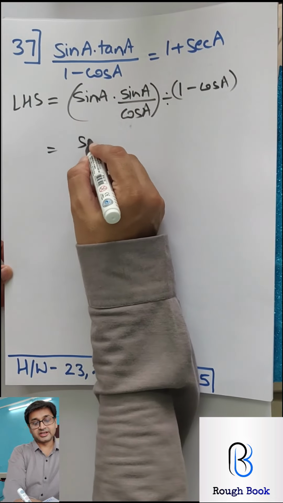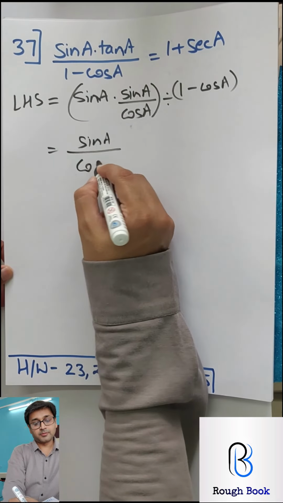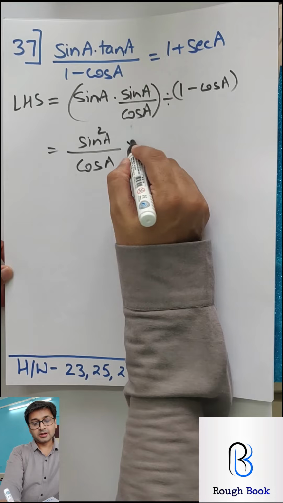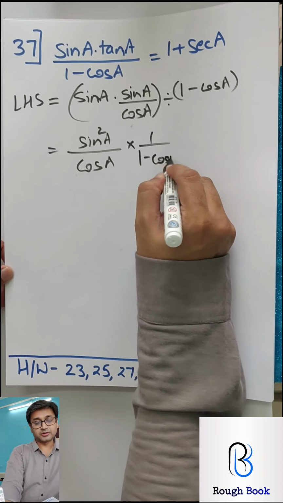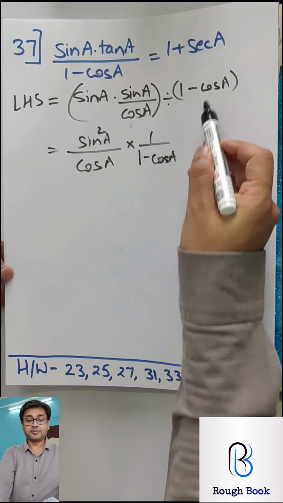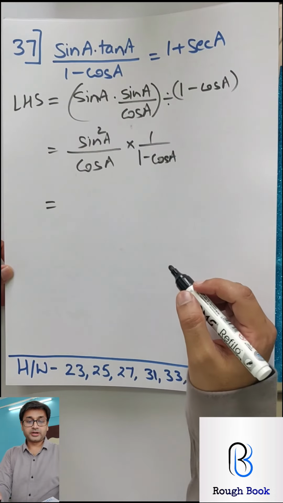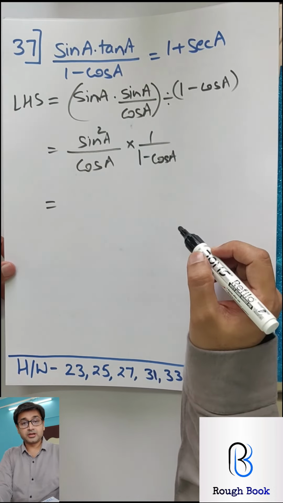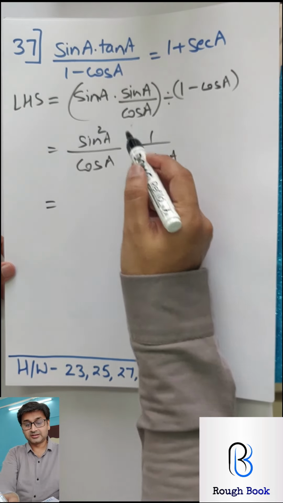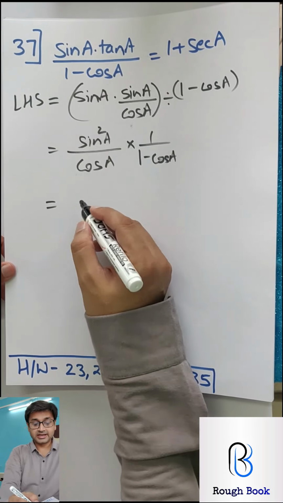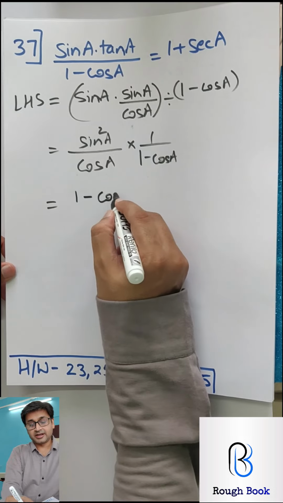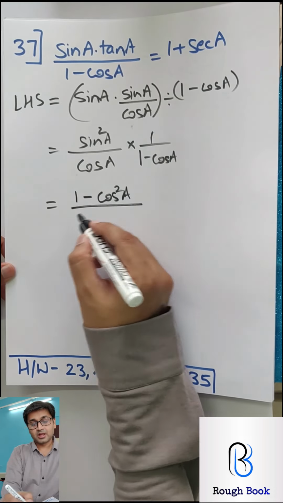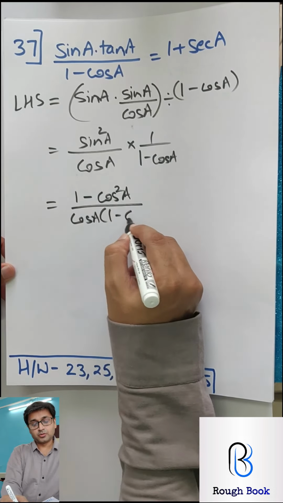So I will get over here sin square upon cos A into 1 upon 1 minus cos A. Divide becomes multiply, so reciprocal. What can I do now? Can I write this sin square ratio so that this might get cancelled? Yes, I can. So sin square can be written as 1 minus cos square upon cos A into 1 minus cos A.